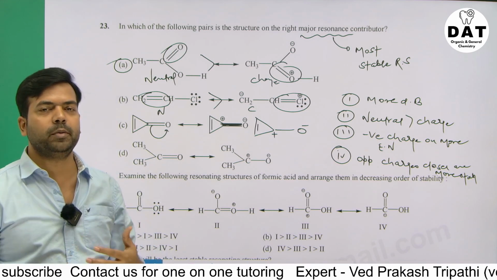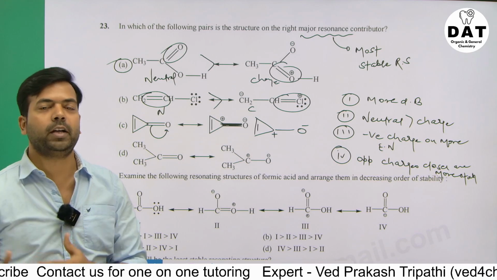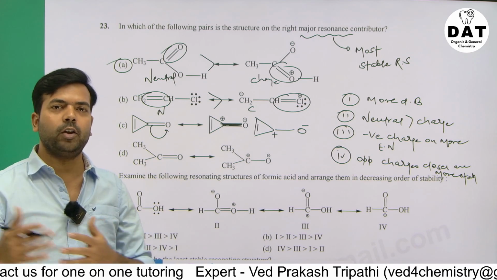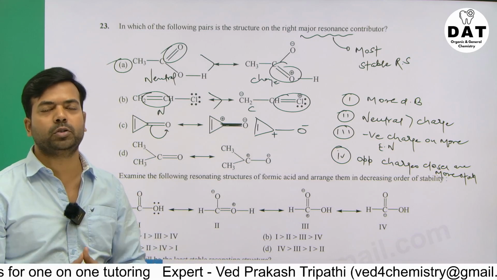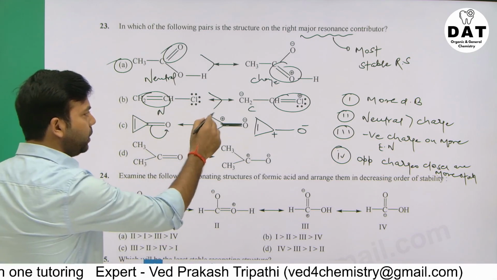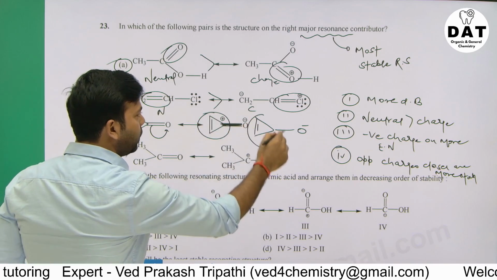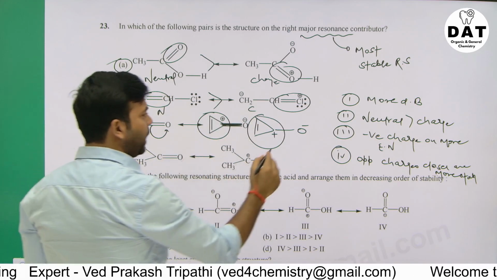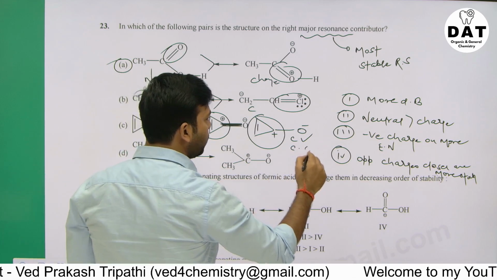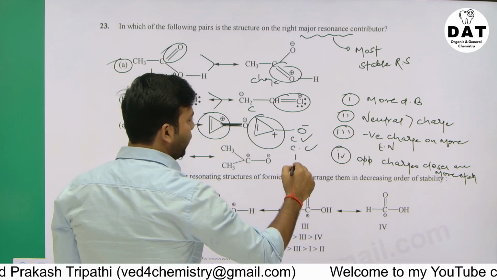The most stable structures are the aromatic structures. Okay, if you are going to compare anything with the aromatic, it will always be the most stable one. So in the left and right, you can see this is my ring, this is my ring, and this is cyclic, this is cyclic, conjugated, and this is planar as well.